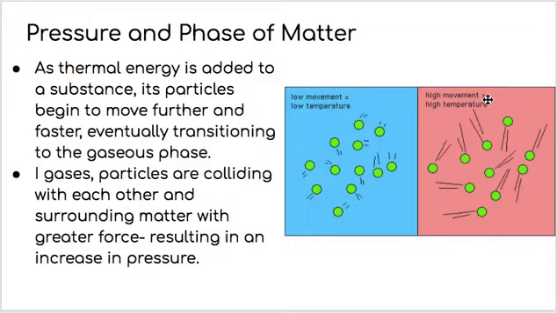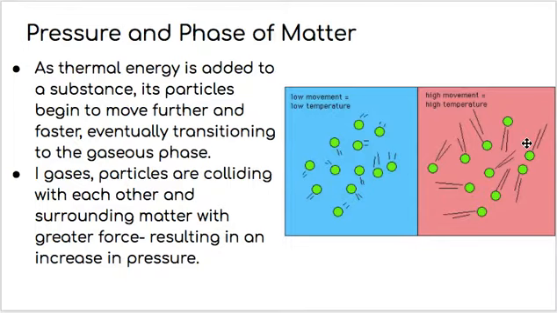So along that line of thought, and if you look over here in the diagram, in the gaseous phase, the particles of a substance are moving very, very fast. They're moving very far and totally at random, which is causing them to collide with one another and the particles in surrounding matter at very high rates and at very high amounts of force.